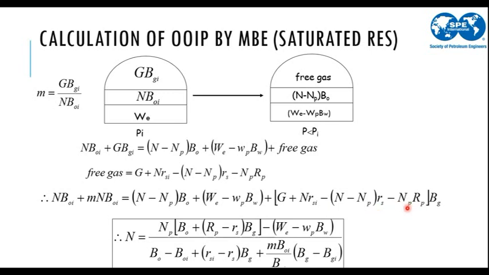Np Rp is the gas already produced in the production or depletion phase. If we arrange all of these equations together, we will get that N equals all of these terms that you are looking at. I know that it may seem a very long equation, but if you understand the concept of how to derive it, it would be very easy.